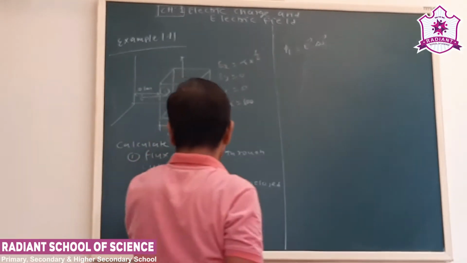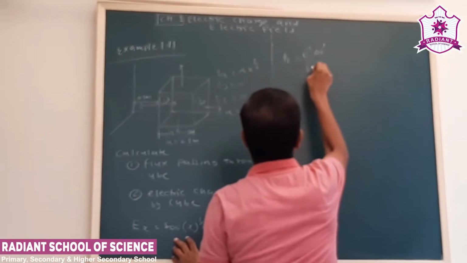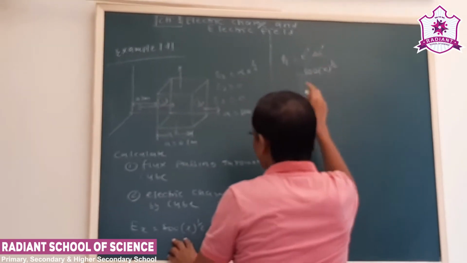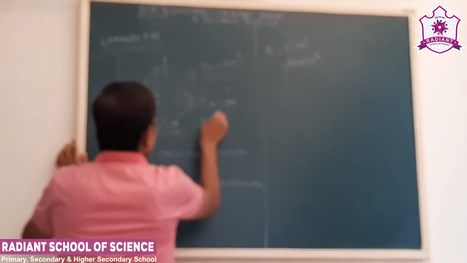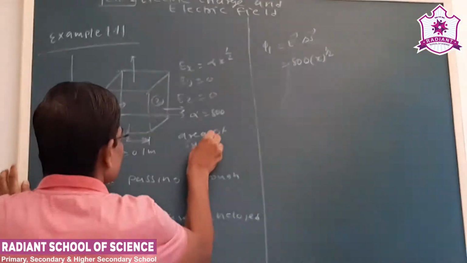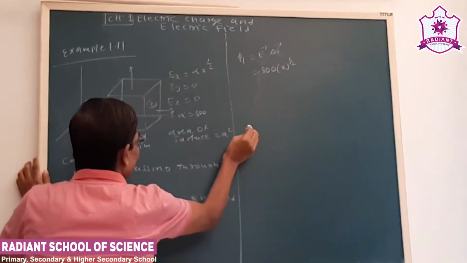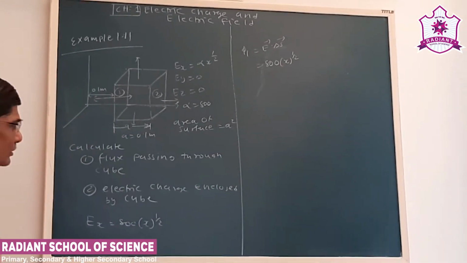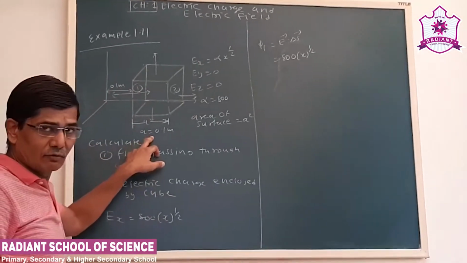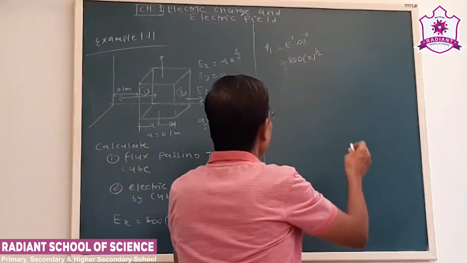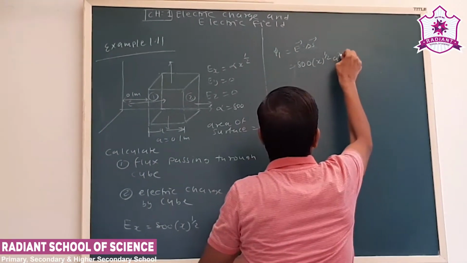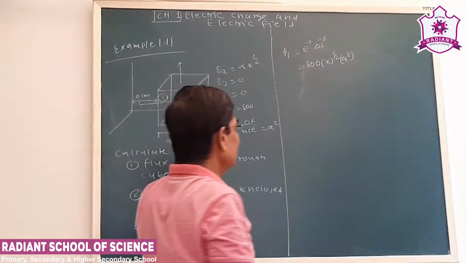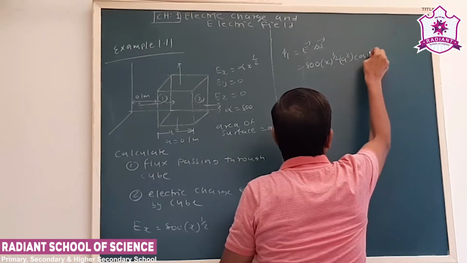Now electric field is given as 800 x raised to 1 by 2 delta S, that is the area of the surface, is a square. Okay, why? Because the face of the cube is a square of side a. Okay, that is a square. Now see, the electric field and the area vector are in the opposite direction, so it will be cos 180.